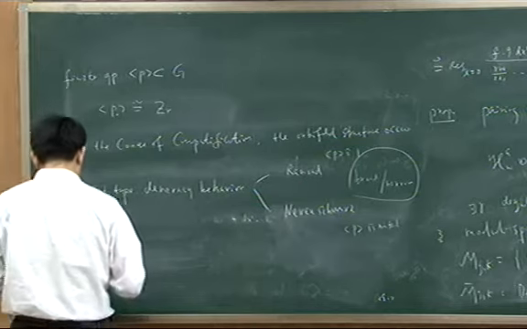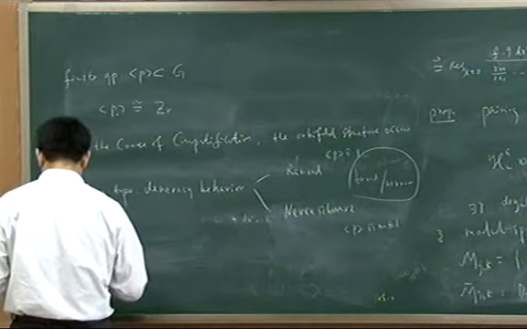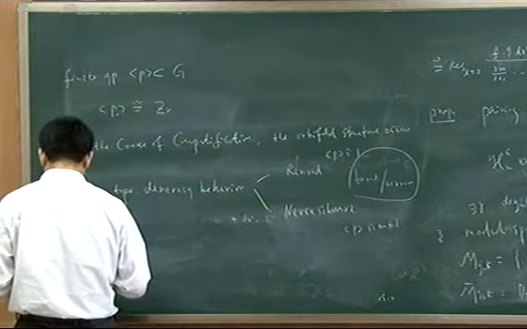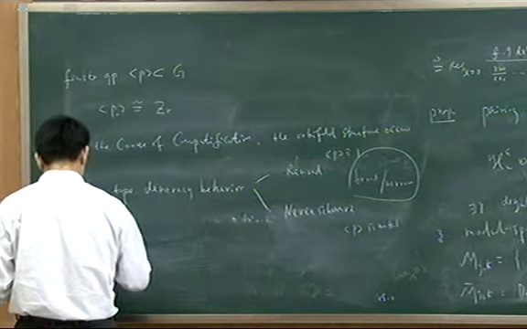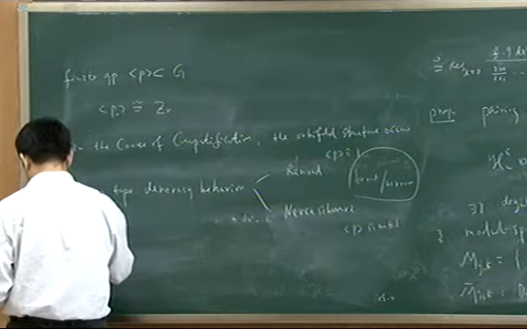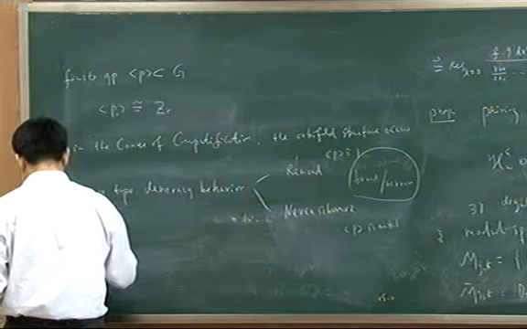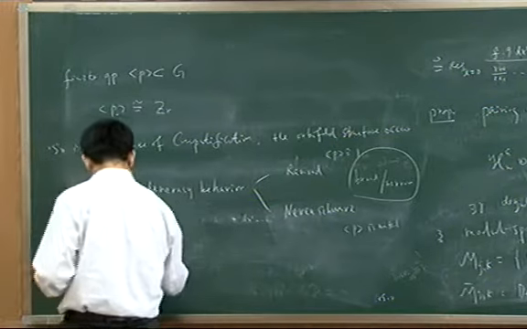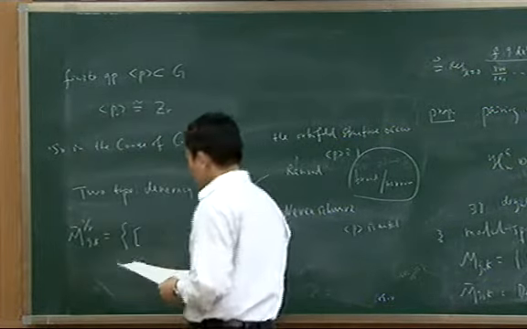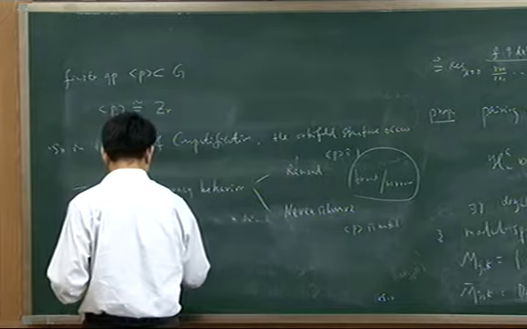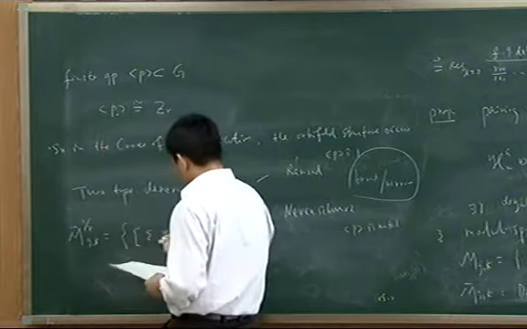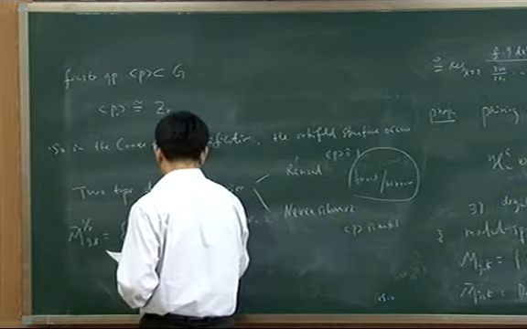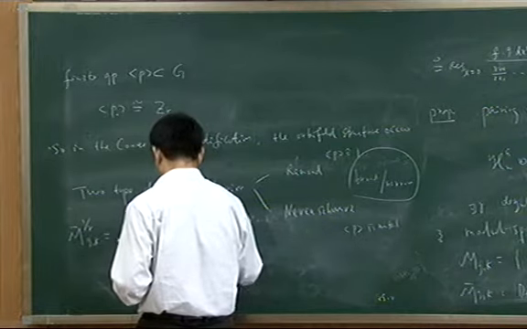And then the moduli space is this one. The isomorphism classes of the curve and the line bundle, with points p1 through pk.